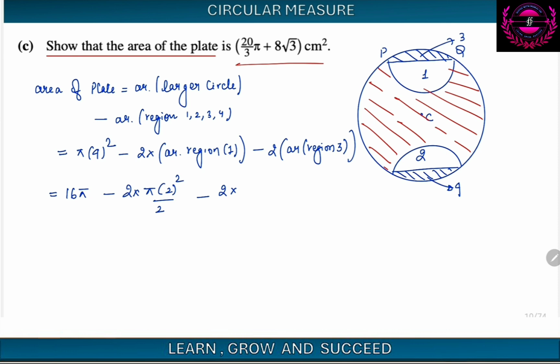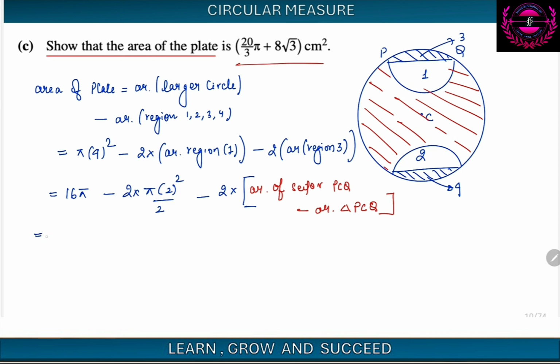Area of region 3 is important, and area of region 3 will be area of sector PCQ minus area of triangle PCQ. So this is important.